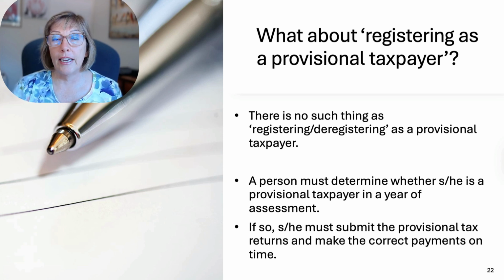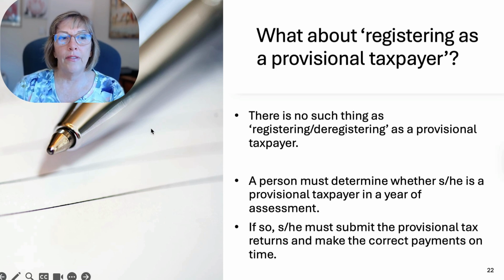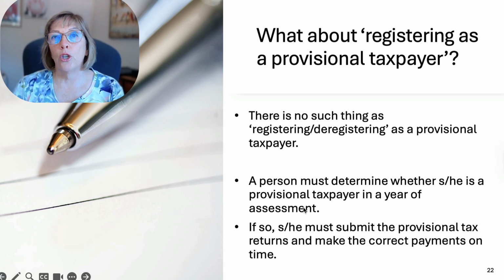And if the person is a provisional taxpayer, then they are obliged to do what's required of a provisional taxpayer. And that means they must submit the necessary provisional tax returns, calculate their provisional tax, and make the payment that is due by the due date. And if you don't comply with all of those requirements, then you end up with penalties and interest.